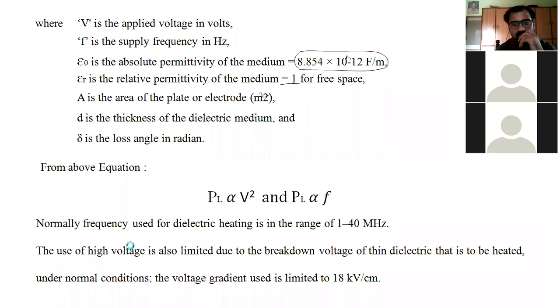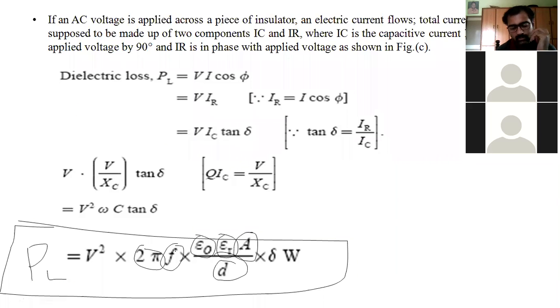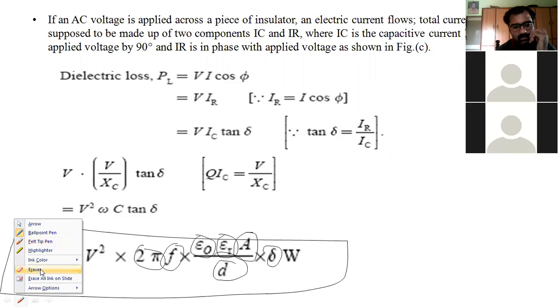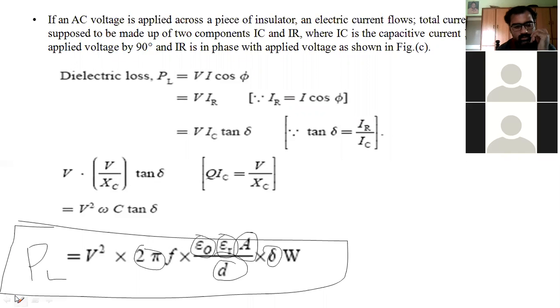The rest of the things, sorry, not the frequency, because the frequency is going to vary here, the loss angle delta is going to be constant. Here the two terms where the dielectric losses depend are nothing but the voltage and the frequency. Okay, the frequency is going to be changed.